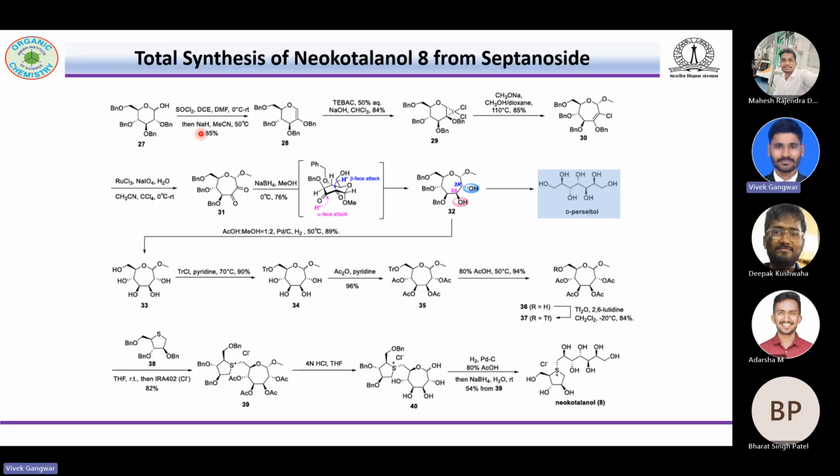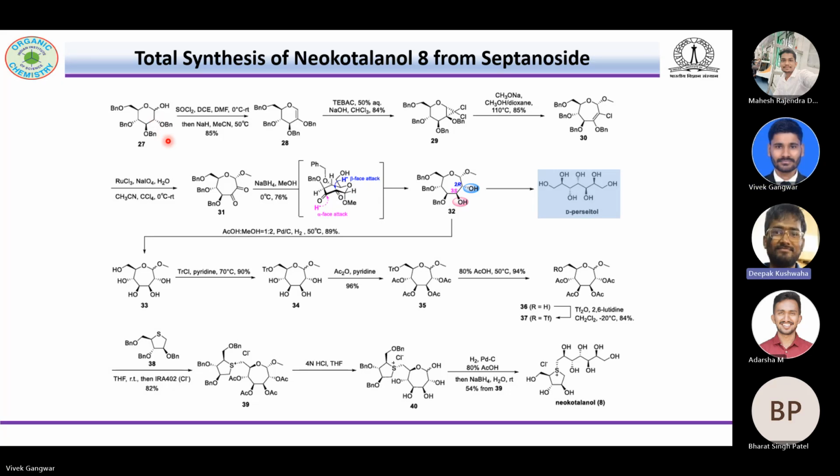This method I used first, when I was not able to do acetolysis. I did this, OMe is there. I did this hydrolysis reaction using HCl under reflux condition. I did synthesize this one, but in that case, a charring problem is there, so the yield was very low.